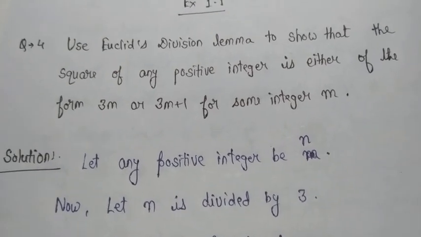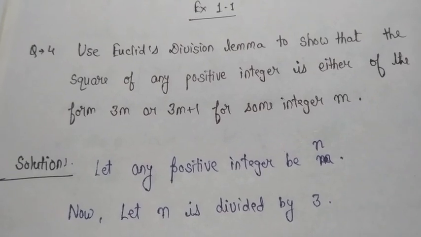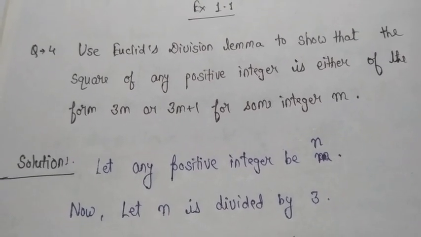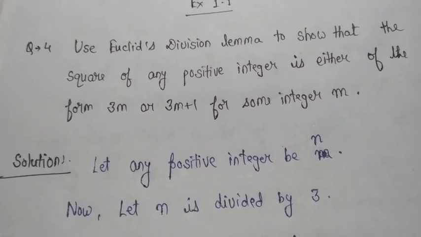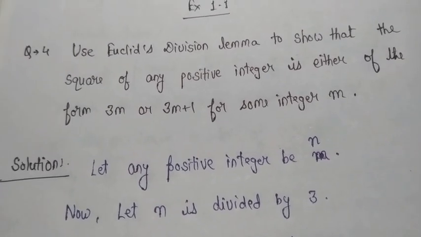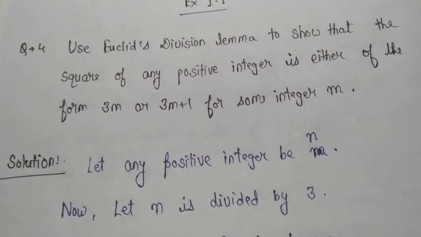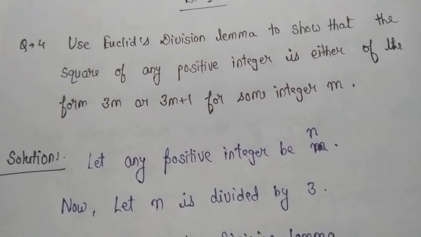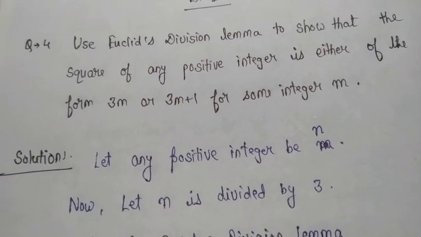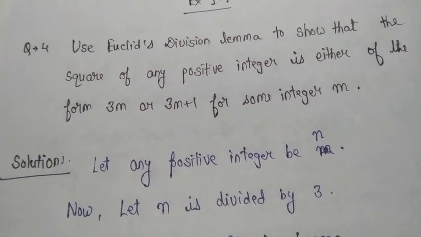It means that we have to take a positive integer, take the square of it, and express the square of that number in the form 3m or 3m plus 1.